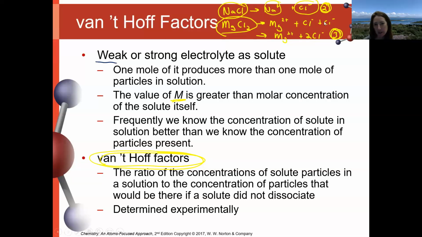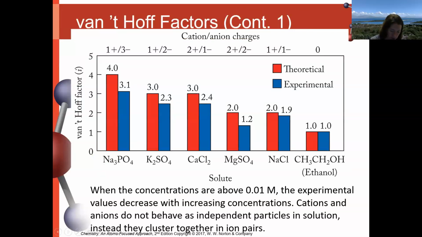Now that's if it is perfect, but it's really not perfect. So let me just show you these really fast. I don't have NaCl here, but here's MgCl2, or sorry, CaCl2, which is like MgCl2. This would come apart into Ca2 plus and 2 Cl minuses. So 3 things. We would expect that it's 3, but experimentally, we found it's 2.4.